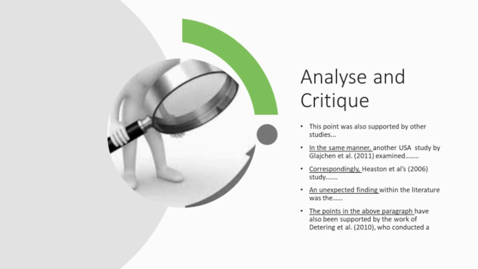In the same manner, in the same way, another USA study by this person examined this, to further support your point. You can say correspondingly, this person. If you had an unexpected finding within the literature, you can talk about that as well. Or if you've made a point in the previous paragraph and you want to analyze another point that's the same, you can say the points in the above paragraph have also been supported by the work of this person, and then you can just keep going.